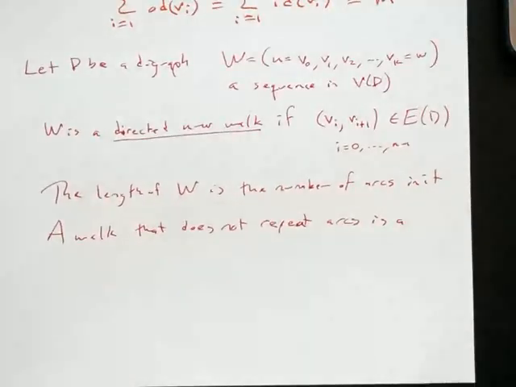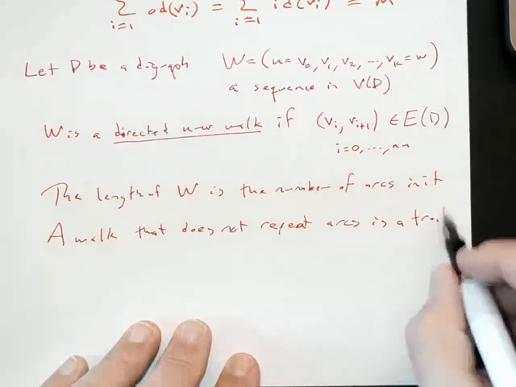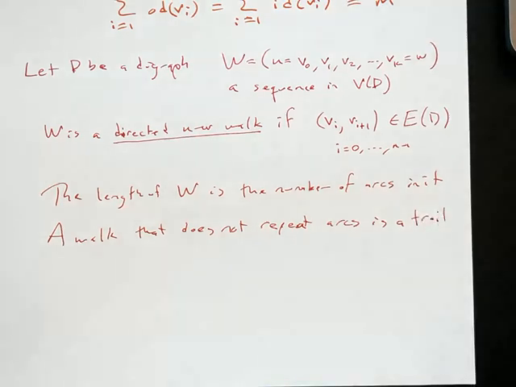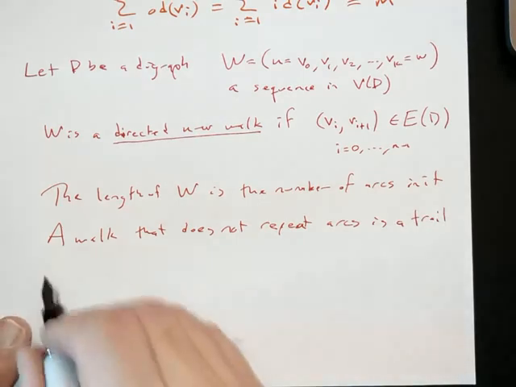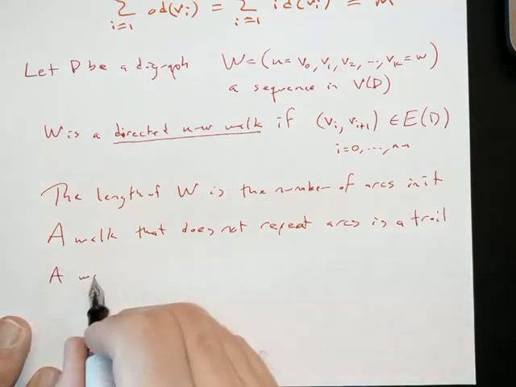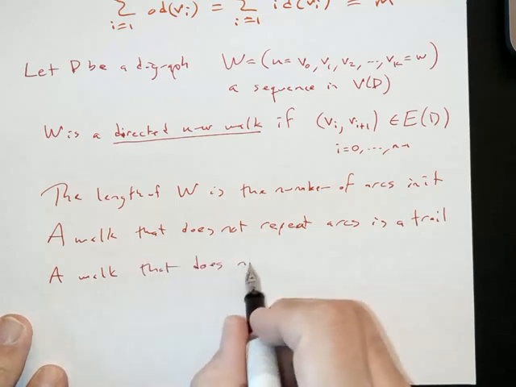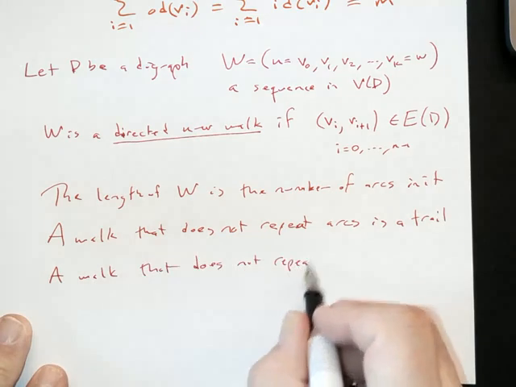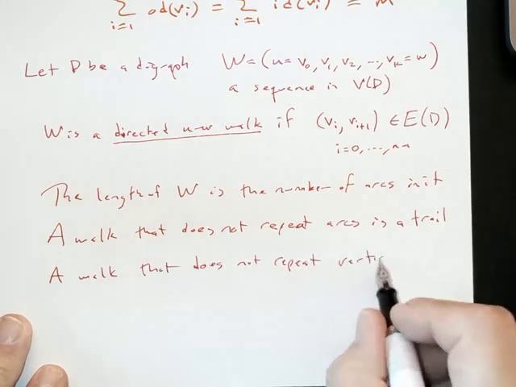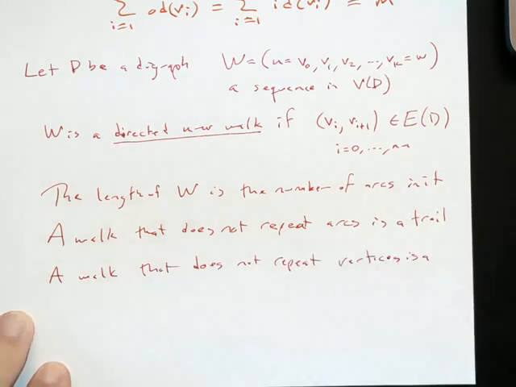No repetition of arcs. If it doesn't repeat vertices, a path.